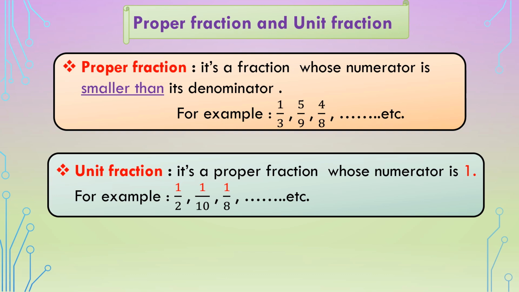So, the numerator must be 1. It's called unit fraction. So, the relation between proper fraction and unit fraction: the unit fraction is a proper fraction, but the numerator must be 1.